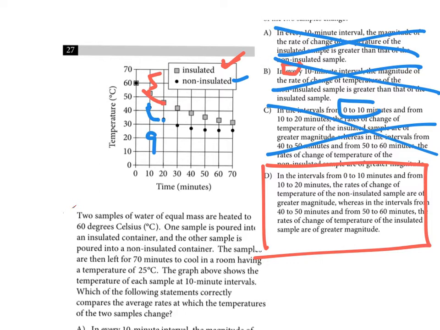But when you go from 40 to 50 and then 50 to 60, the insulated is greater. And basically the non-insulated tends to level off here, while the insulated tends to have a drop for each of those intervals. So I'm going to go with letter D for that particular question.